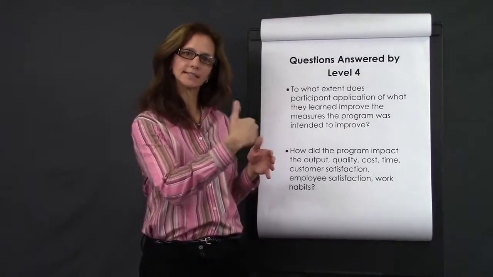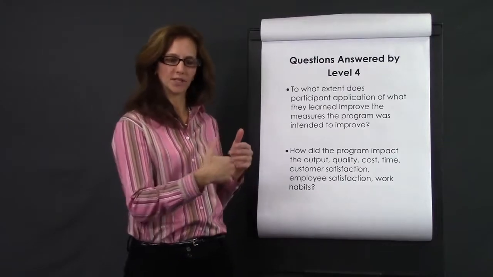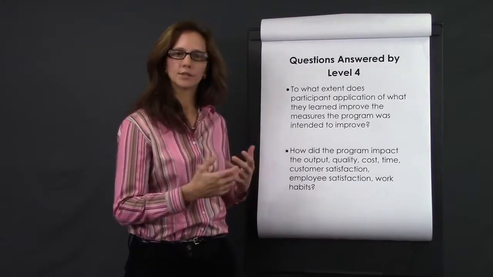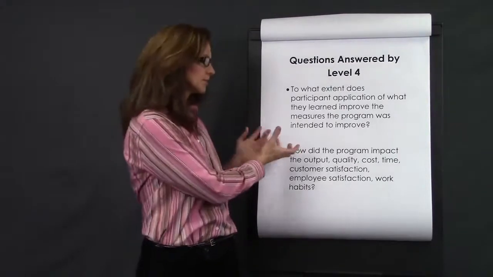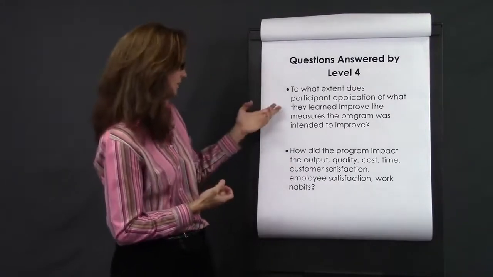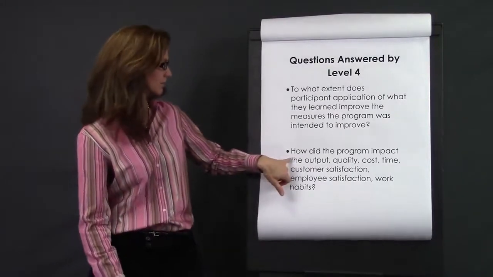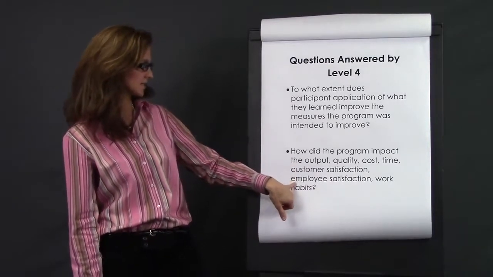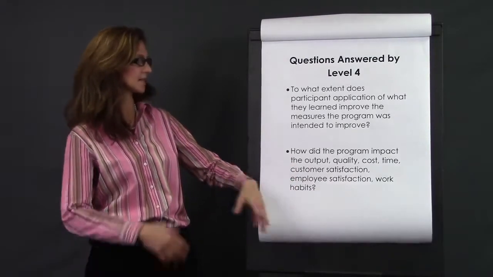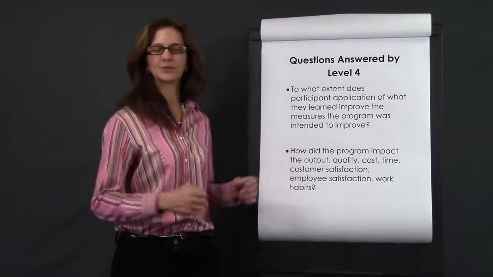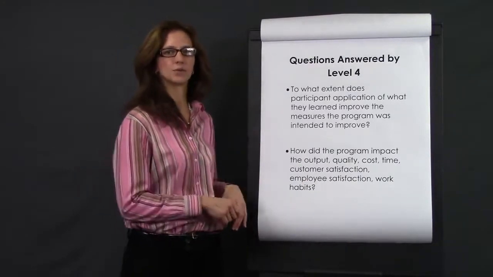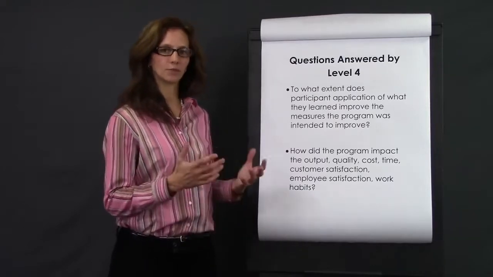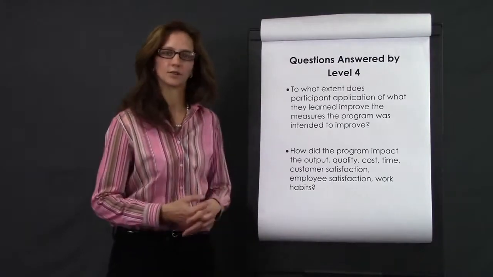So you might be collecting data and doing different evaluations, one for Level 1, 2, and 3, and then pulling those into a Level 4 evaluation. How did the program impact the output, quality, cost, time, customer satisfaction, employee satisfaction, work habits, etc.? So these are larger glimpses into whether they helped our overall organization goals.